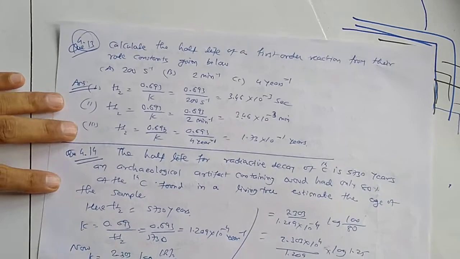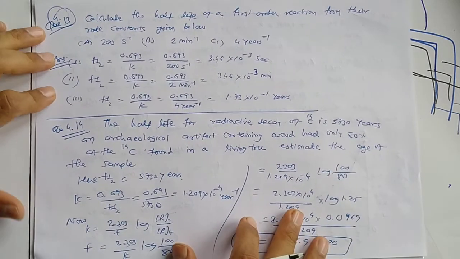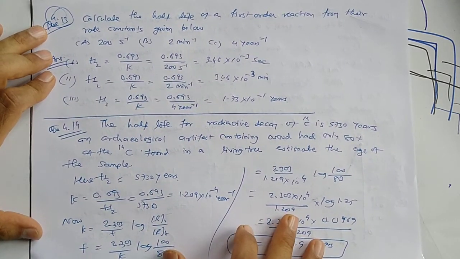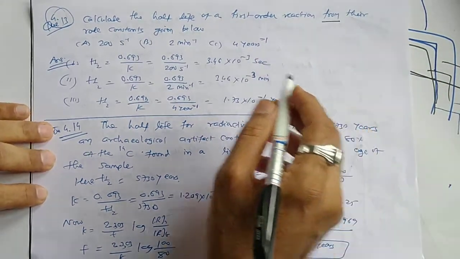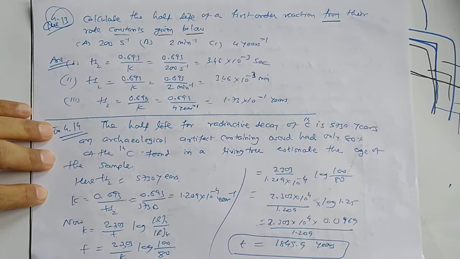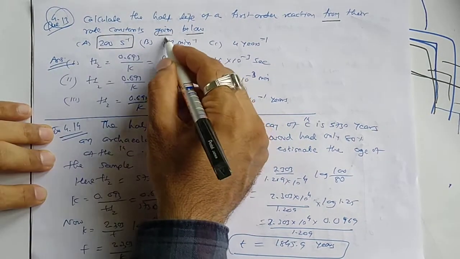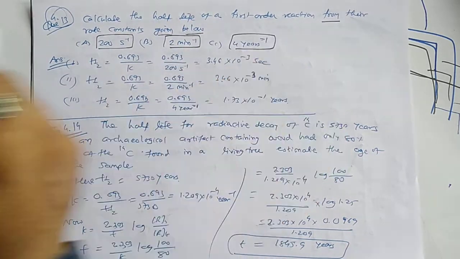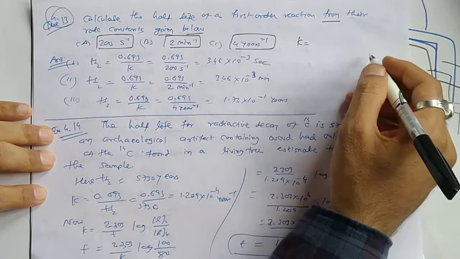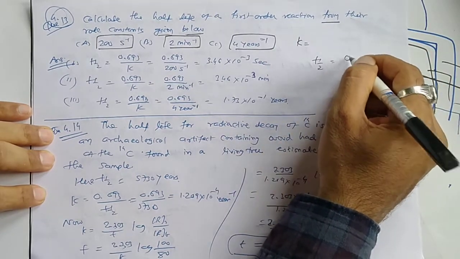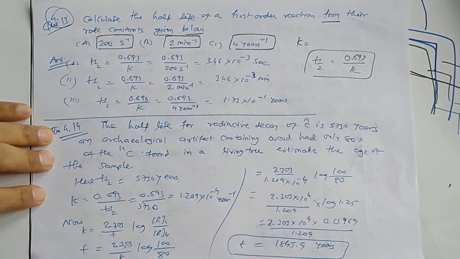Now question number 4.13. Calculate the half-life of a first order reaction from the rate constants given below: 200 second inverse, 2 minute inverse and 4 year inverse. The rate constant k is given. We know the half-life period for a first order reaction is t1/2 = 0.693 upon k.